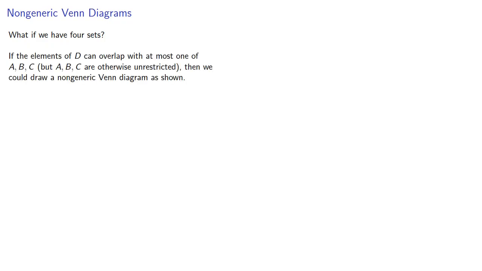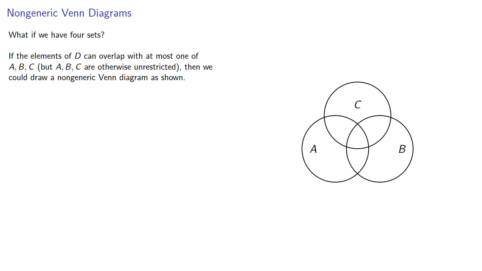And what if we have four sets? If the elements of D can overlap with at most one of A, B, or C, but A, B, and C are otherwise unrestricted, then we could start with our generic Venn diagram for three sets, and we need to draw a fourth set so that it can be in A or B or C separately, but it can't be in any of these intersections.